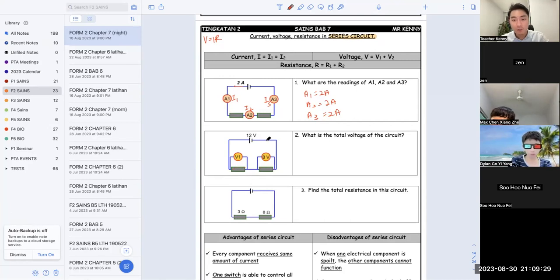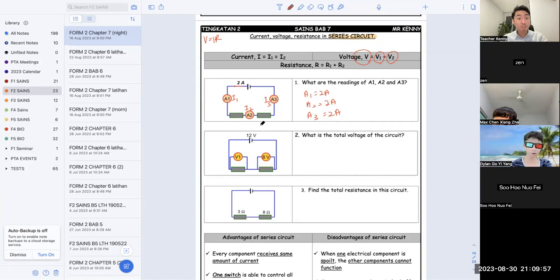Okay, so when the voltage passes through this resistor, it will use up some energy. And then here also will use up some energy. So how do we split these two energies? Now, according to the rule, the master voltage is equal to all the voltages passing through my components.